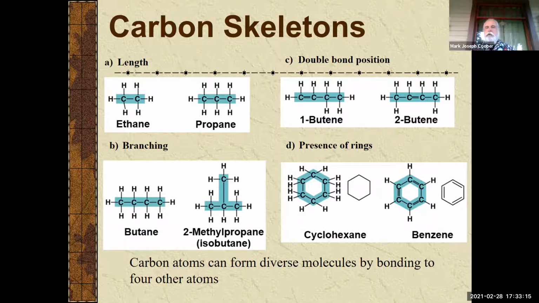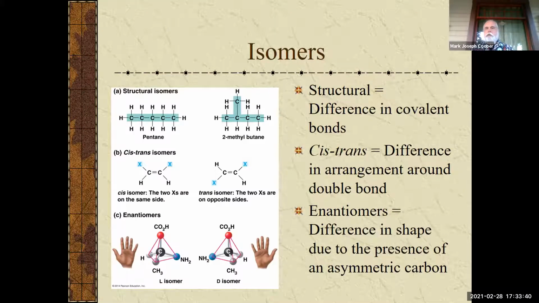Really what I'm trying to do with this is show you that all of these carbon skeletons are different. And what I need you to remember is shape really kind of determines function. That's going to become important later as we talk about certain things. So that is definitely important. Shape determines function.